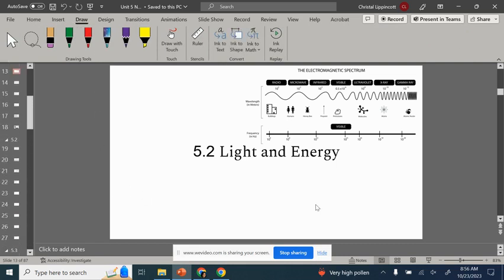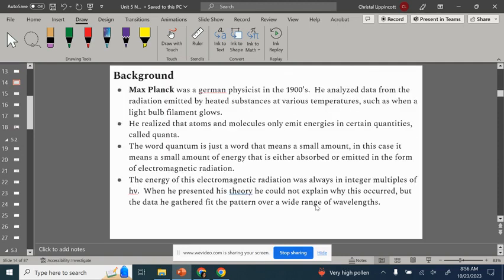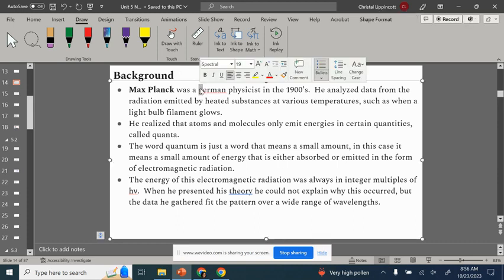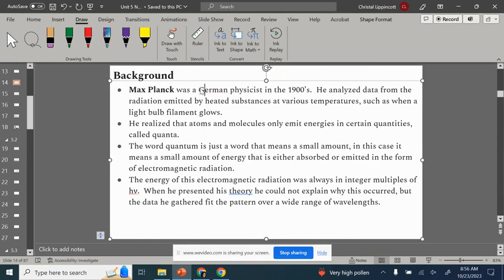So today we're going to talk about light and energy and how light can produce actual energy. Okay. So we talked about Max Planck. He is a German physicist in the 1900s, and he analyzed data that came off of radiation from heated substances, kind of like your stovetop.